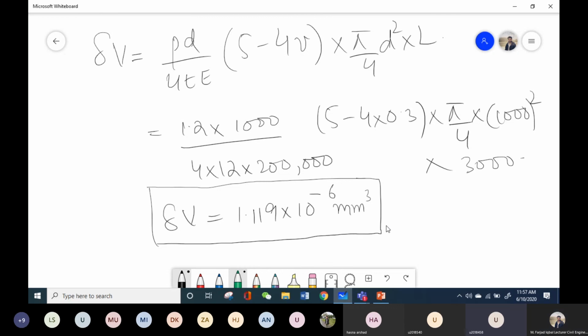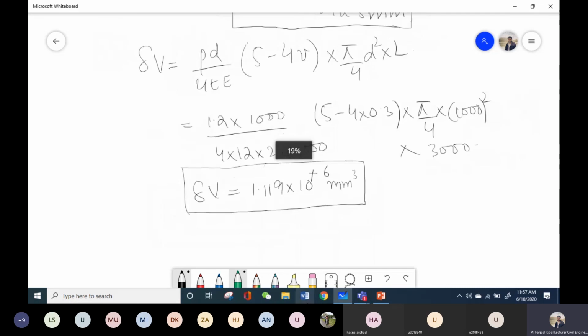Okay, yeah, it's in millimeter cube. Can someone else confirm this answer as well? Yes, sir. So this is the change in volume.